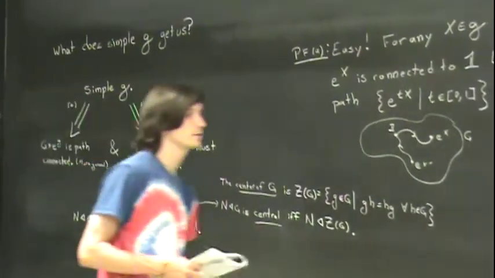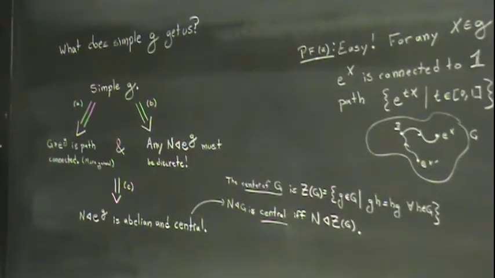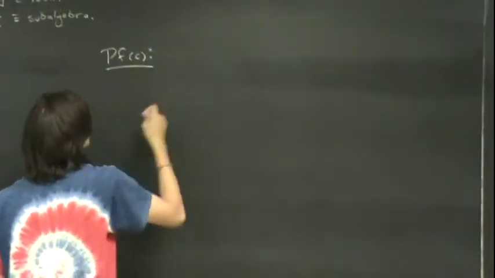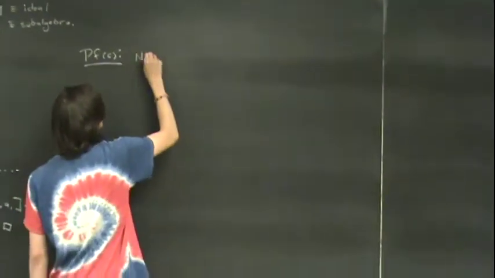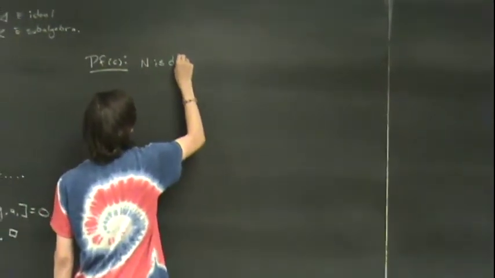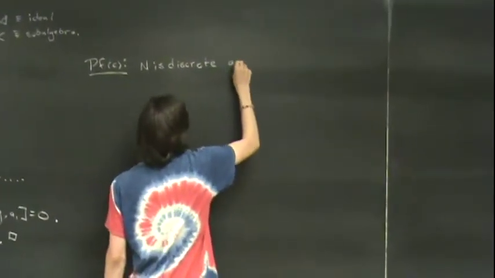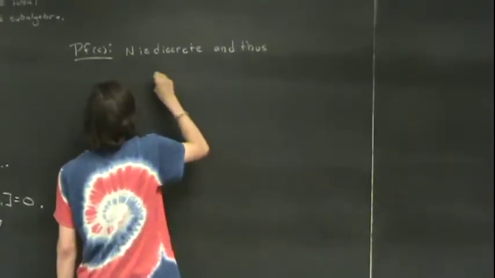Why is that true? Well, this would be proof C, right? And this is more direct because N is discrete, and thus disconnected.